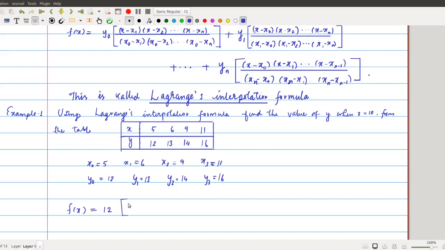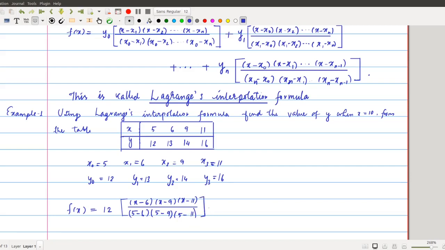That is x minus 6, x minus 9, x minus 11, divided by the denominator x0 minus x1, where x0 is 5, so 5 minus 6, 5 minus 9, 5 minus 11. So these are the values.